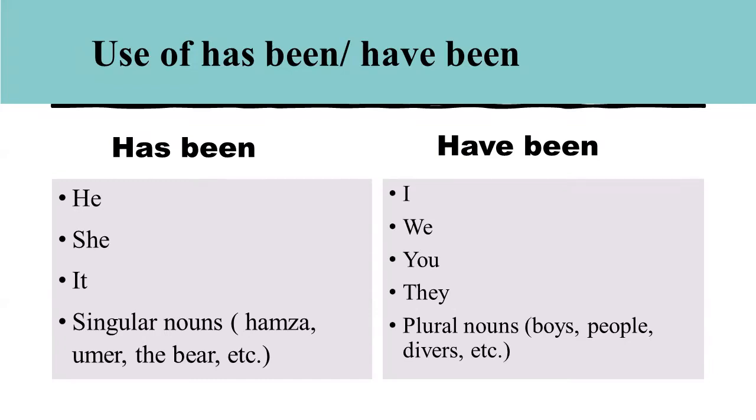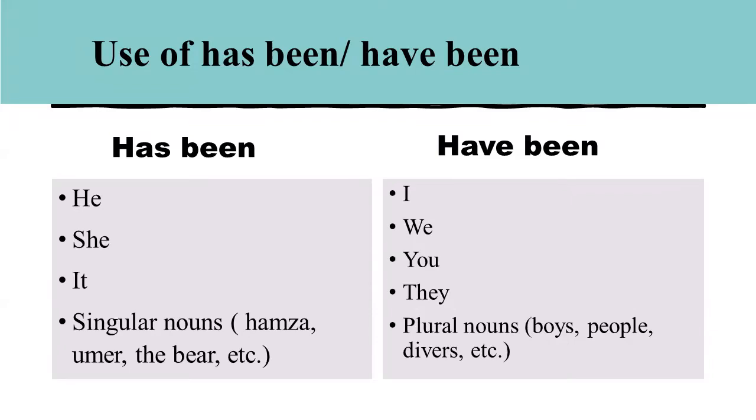And with the pronouns I, we, you, they and plural nouns, for example, boys, people, drivers, etc., we use have been. When these pronouns or plural nouns come at the subject position, we use have been, and when he, she, it and singular nouns come at the subject position, we use has been.